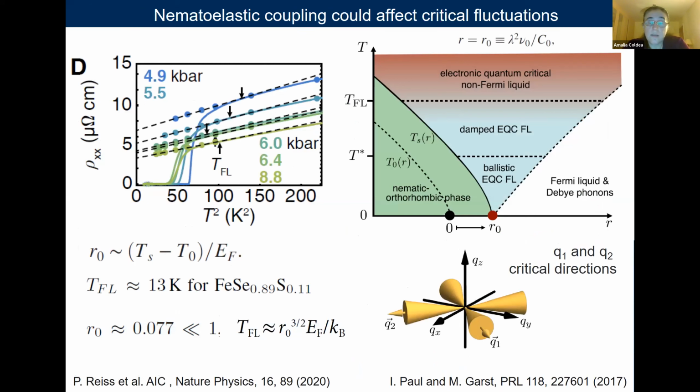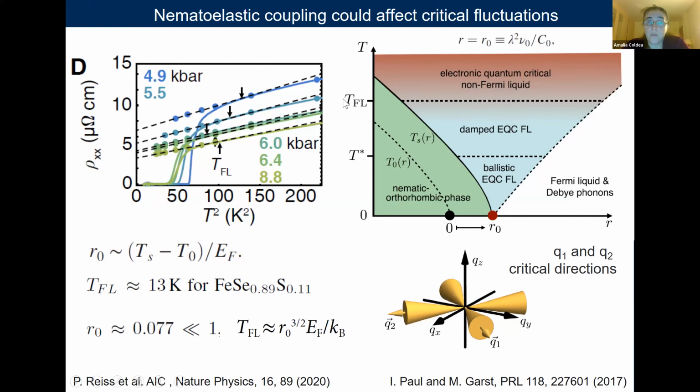So what can cause the suppression of the critical fluctuations in the iron selenium sulfur system? One potential reason for the suppression could be the interaction with the lattice. In this theoretical work, it has been suggested that if there is a strong interaction with the acoustic phonons, there will be only two critical directions, and in the rest of the system all the critical fluctuations will be suppressed.